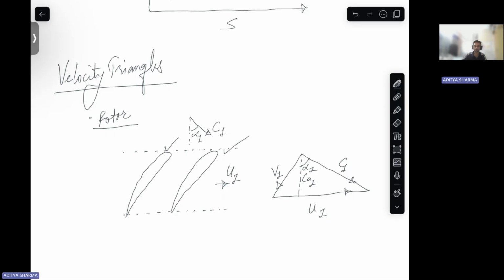So R omega, basically that is U1, right?